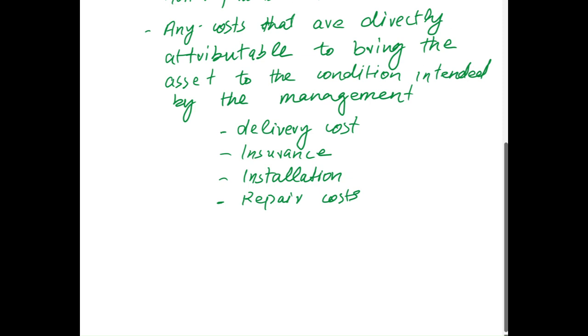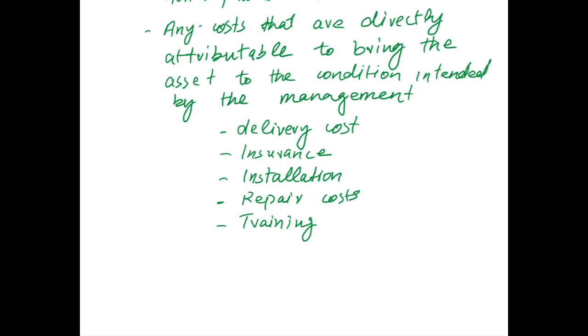If they're just a normal wear and tear repair expense, that does not get included in the cost of an asset. Additionally, if you have to train your employees how to use the machine, that also does not get included. It's normally an operating expense.